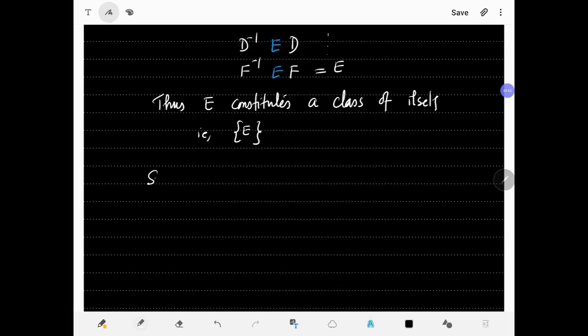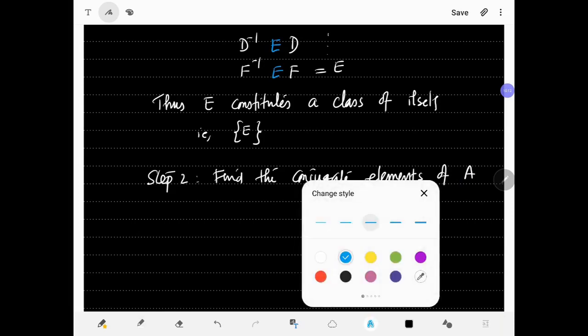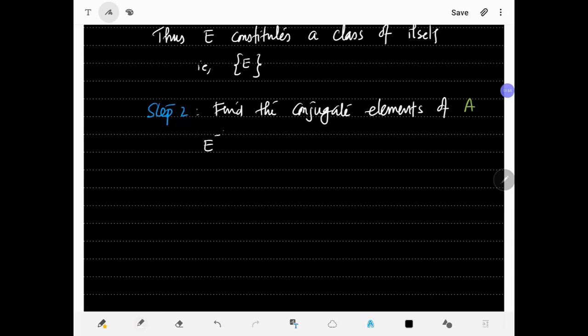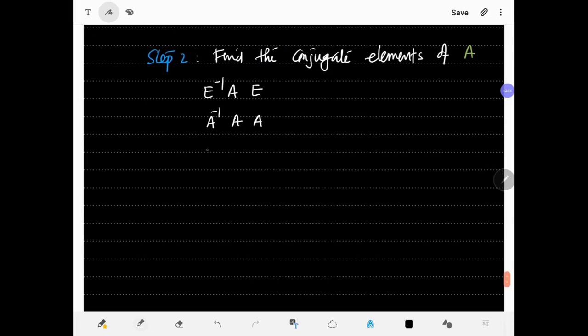Now in the second step, take the second element A, and find the similarity transformation of A with every other element including A. So the first case is simple because on both sides it is the identity element.